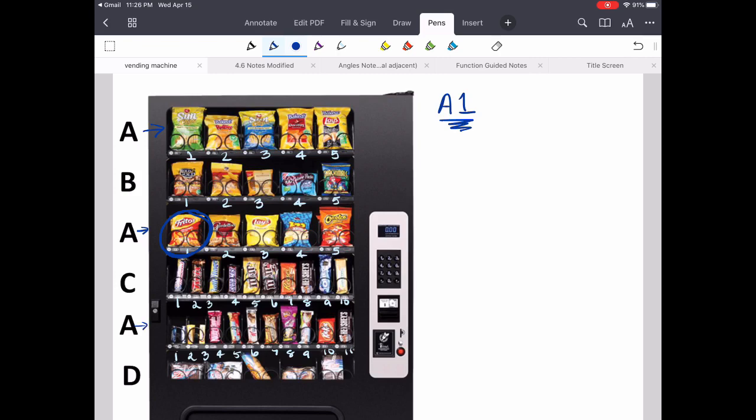So there's 3 different rows in that machine that have an A, which screws everything up. Because now when you push an A1, that bag's going to come down. So is that. And whatever that is, I'm not sure what that is. I just took a picture off Google Images, but that's going to drop down. So obviously, jackpot, that's going to be a win for you.